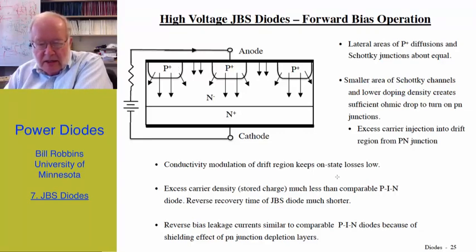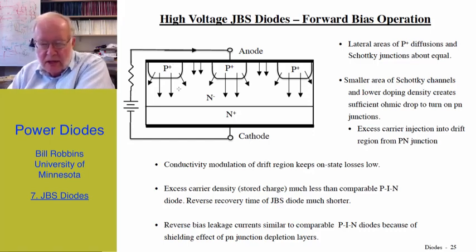The conductivity modulation will take place because we're going to be operating at larger currents, and there will be sufficient drop in the ohmic region of the Schottky diode channel to provide 0.7 of a volt or more forward bias between the P plus and the N region, and so the PN junction will turn on. As a result, we'll have conductivity modulation, and the excess carriers or stored charge, however, is going to be significantly smaller than a comparable PIN diode.